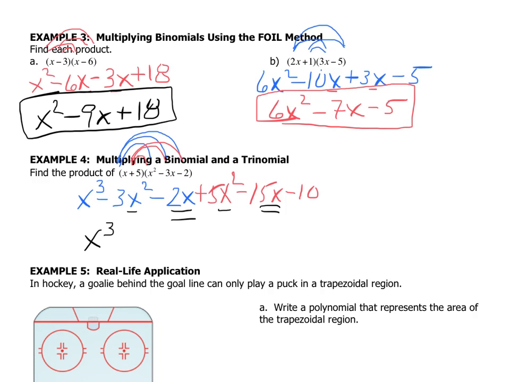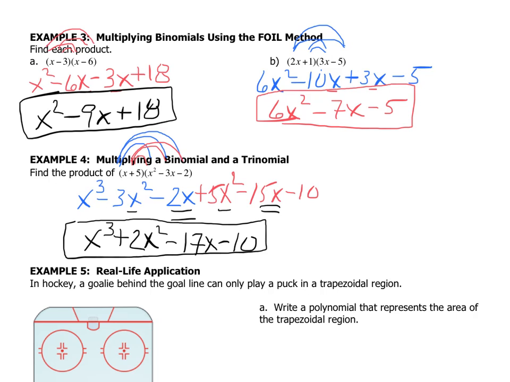When I do negative 3x squared plus 5x squared, we end up with 2x squared. Negative 2x minus 15x is a negative 17x, and then a minus 10, and that will now give me the simplified polynomial after multiplying together a binomial and a trinomial.